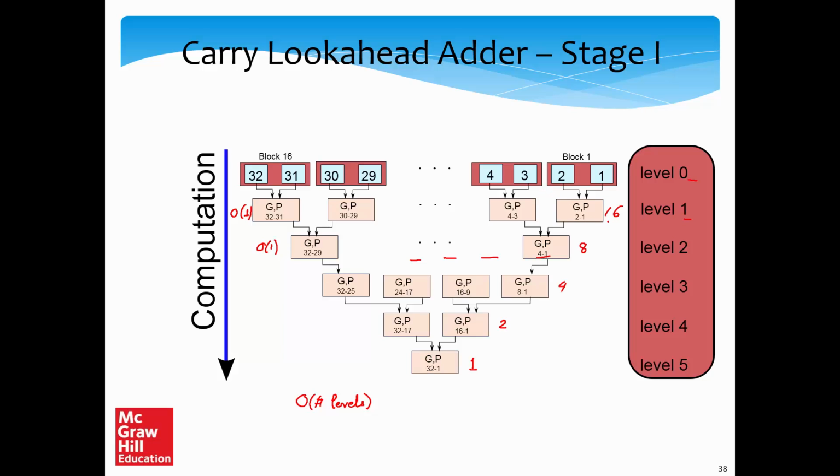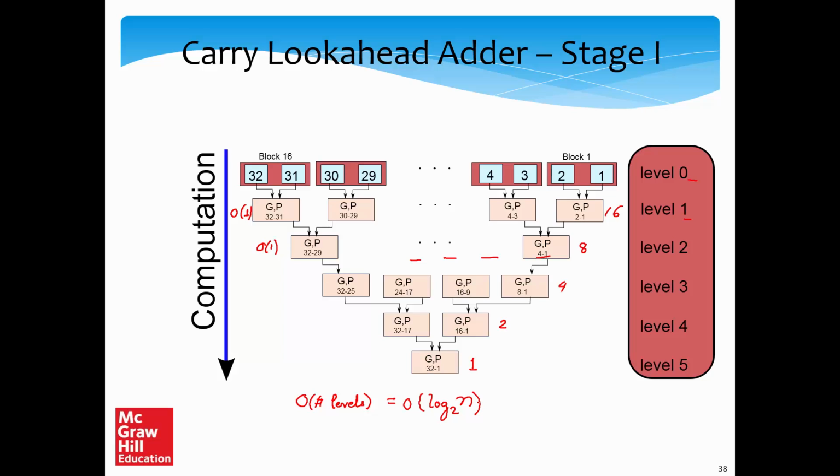So we start with 16 and then go half of that, 8, 4, 2 and 1. So the number of levels, since we are halving in every level, is basically order of log n to the base 2.